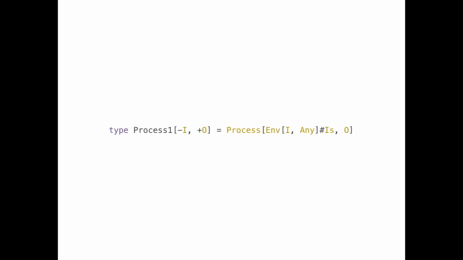Process1 takes 2 type parameters, an input and an output, with the requisite pluses and minuses that no one understands. And then it is equal to a process which emits the output and runs in some sort of very confusing effect that no one knows. I don't know how to read this. I don't even know how to pronounce this. Is that like the country code for Iceland? It's very weird.